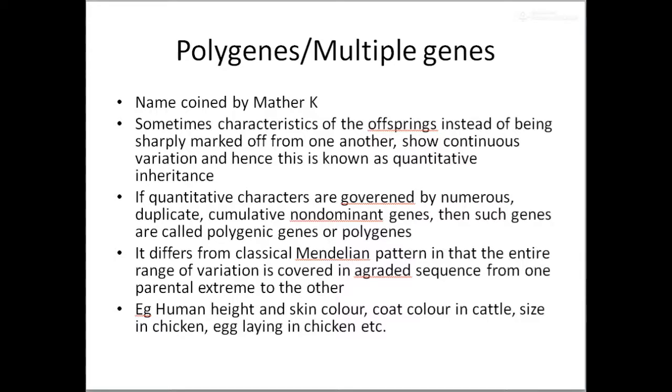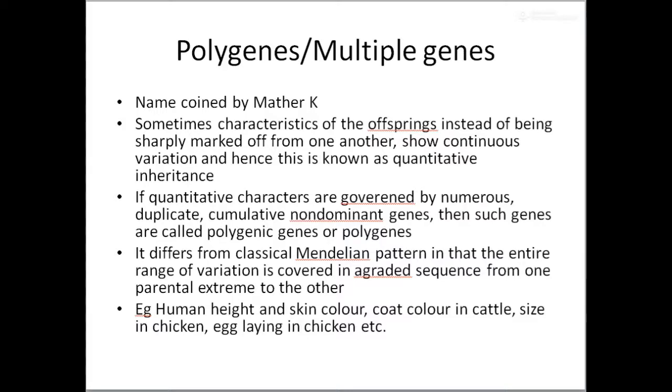So human height as well as skin color is an example of a polygenic trait. That is, it is influenced by more than one, two or three genes, and it shows gradations between different variations of these two extremes.